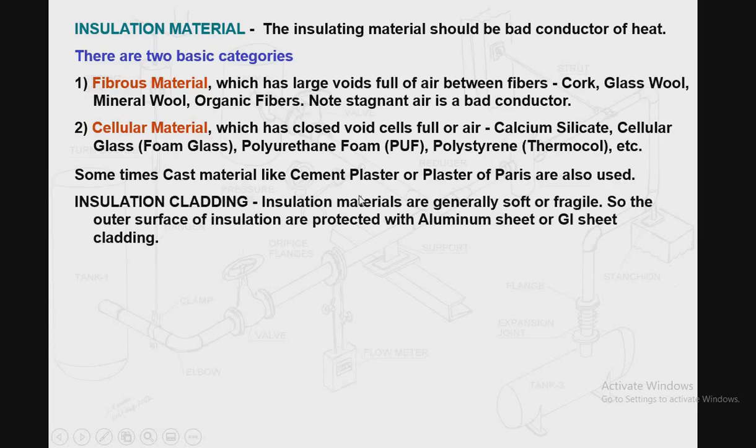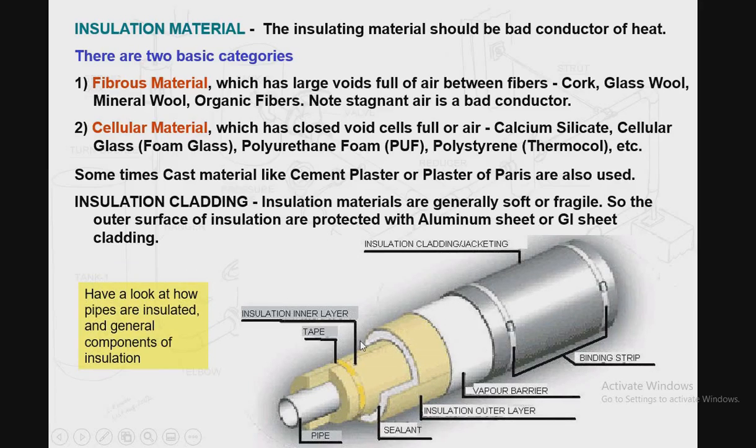Insulation cladding. Insulation materials are generally soft or fragile, so the outer surface of insulation is protected with aluminium sheet or GI sheet cladding. In this picture, 4 pipes are insulated, showing the general components of insulation.